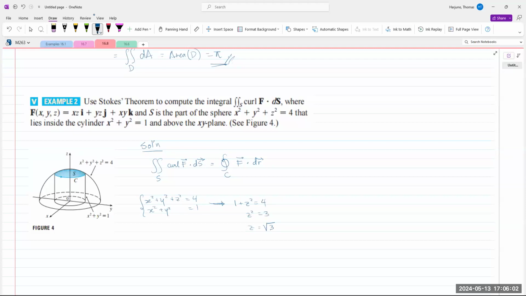Because we want above, it's supposed to be plus or minus, but z is at least 0, so we use only the positive branch.